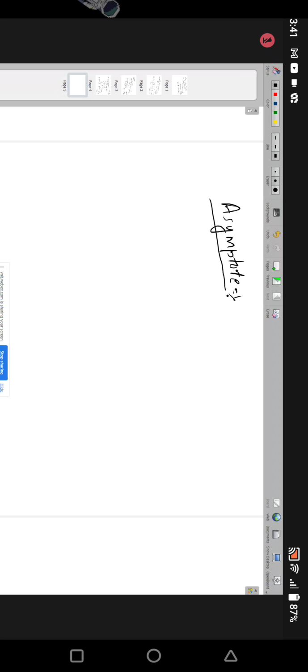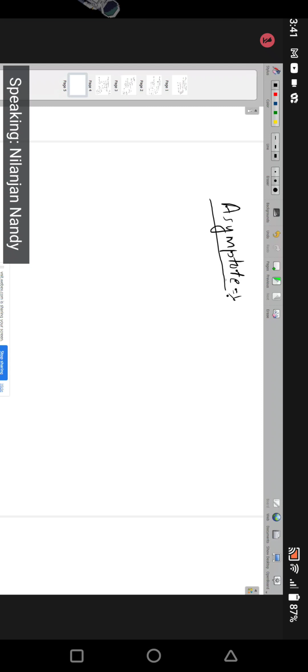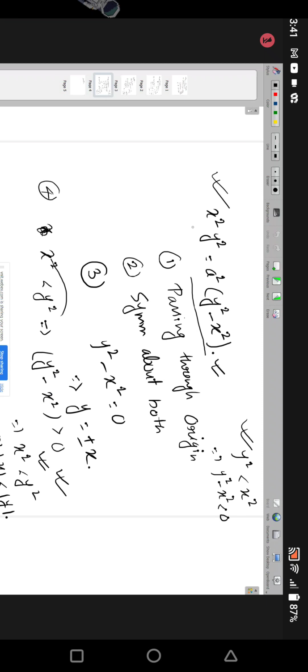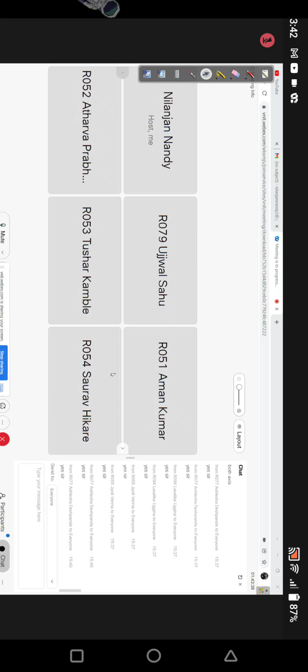So first tell me, does there exist any asymptote parallel to x-axis for this curve? Yes or no?